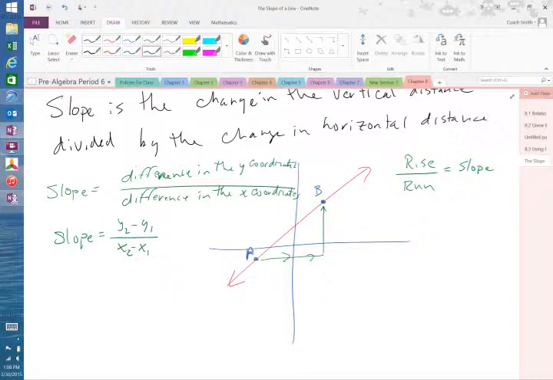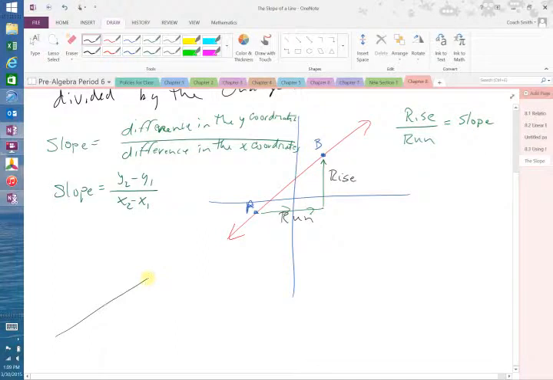Now, you can also do it by just looking at the graph and seeing what this run is versus this rise. I'll show you here in a second how you do that. But to talk about slope, this is positive slope.